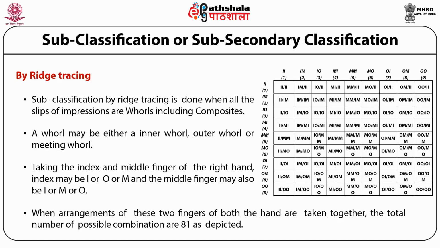An example denoting the formula of such a slip is 32 by 32, where the number 32 by 32 denotes the primary classification, and capital O, capital M divided by capital I, capital M, the latter denotes subclassification.